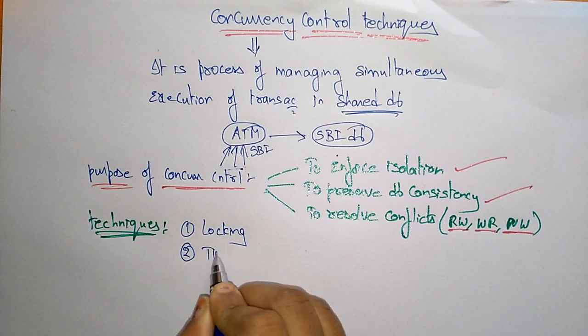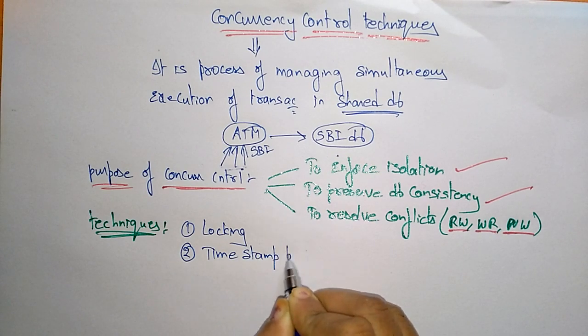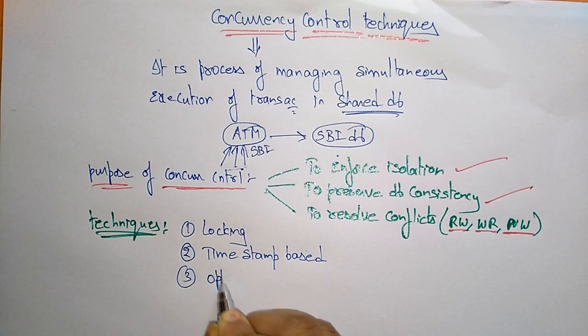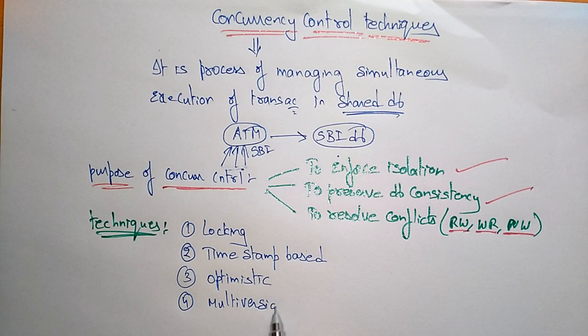Second is timestamp based, third one is optimistic, and fourth one is multi-version. So these are the four techniques used in concurrency control: locking, timestamp based, optimistic, and multi-version.